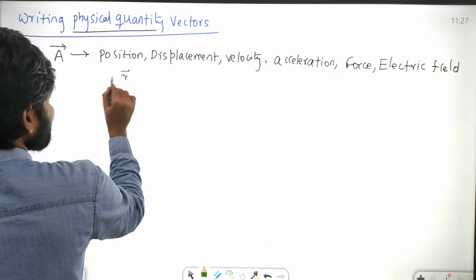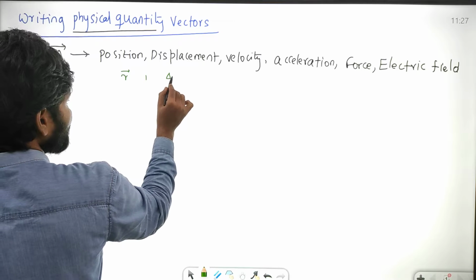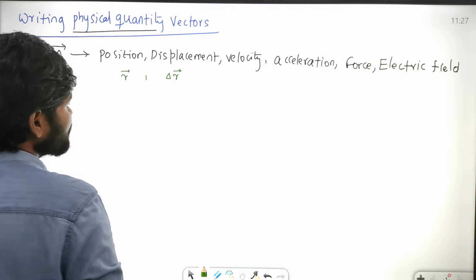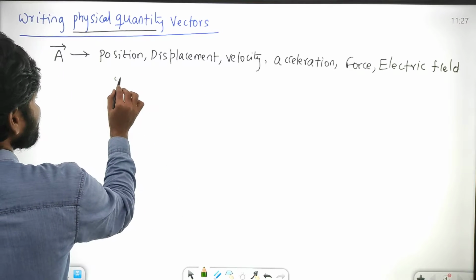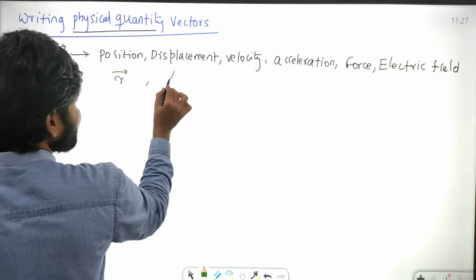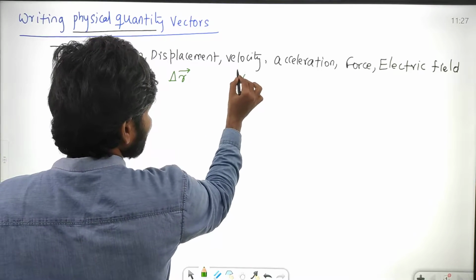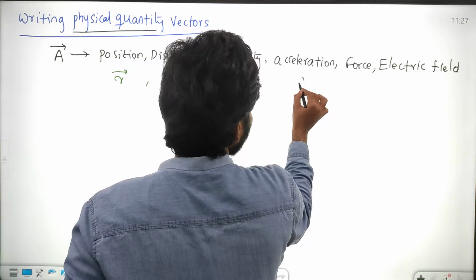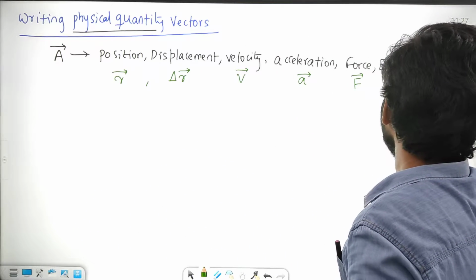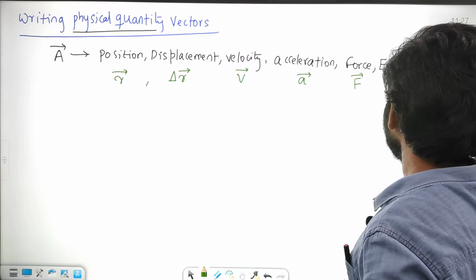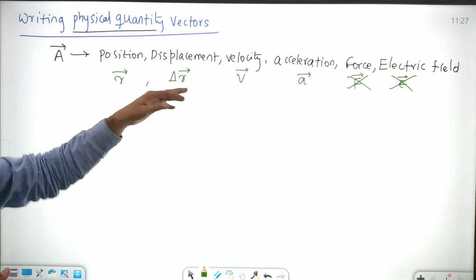This is r vector. Displacement is nothing but delta r vector. Velocity is nothing but v vector, and acceleration is represented with a vector. We are not discussing the force vector and the electric field vector in this topic, though actually, if you know this, we can write them.